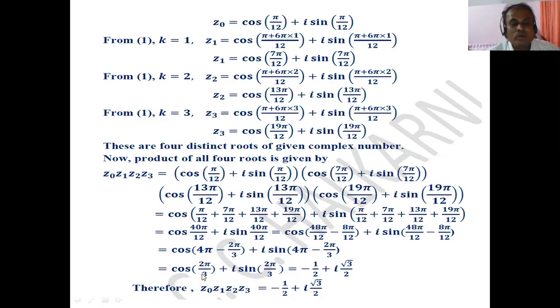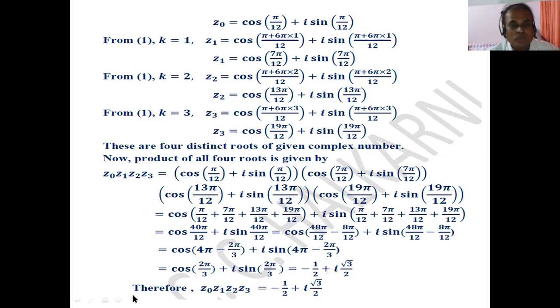Therefore cos of 60 degrees in the first quadrant is 1 by 2. Here the angle is 120 degrees, in the second quadrant, so the cosine value is negative, minus 1 by 2, and the sine value is positive, root 3 by 2. Therefore the value is minus 1 by 2 plus I root 3 by 2.